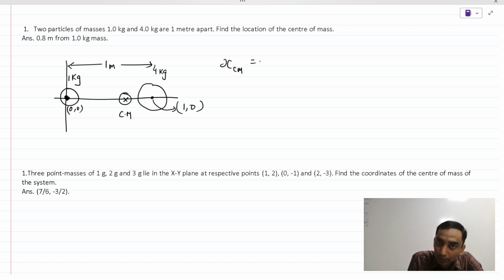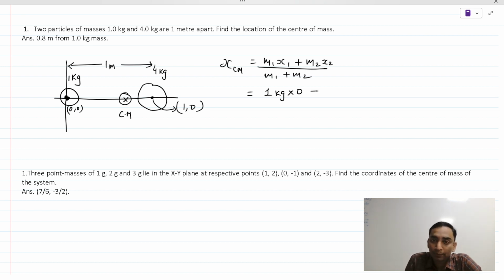xcm is equal to m1 x1 plus m2 x2 upon m1 plus m2. So I write 1 kg times the x coordinate of the first mass, 0, plus 4 kg times 1 meter, divided by 1 kg plus 4 kg, that is 5 kg.